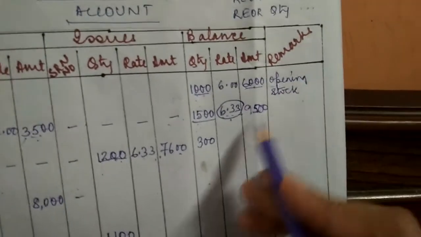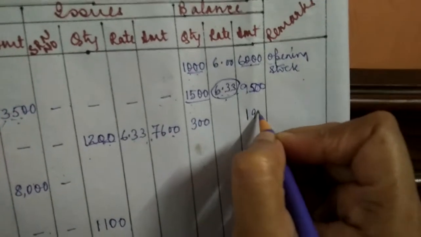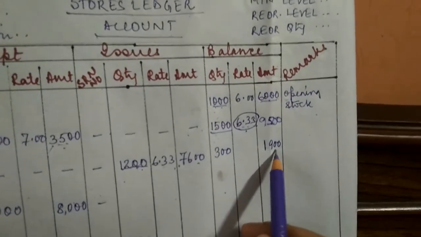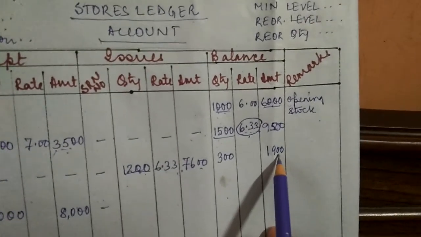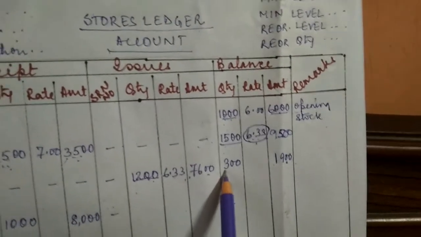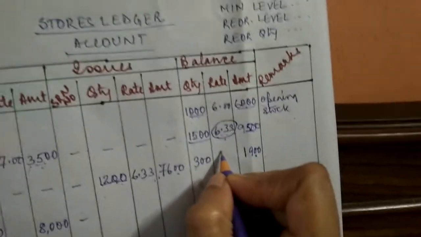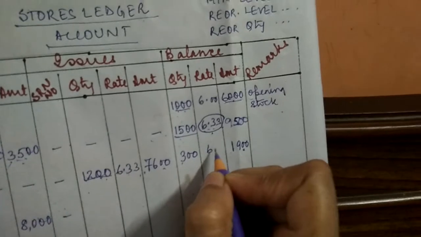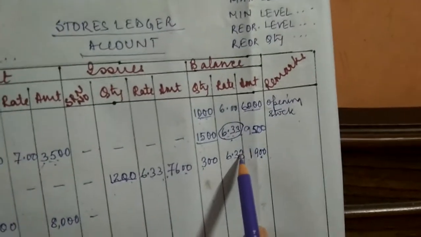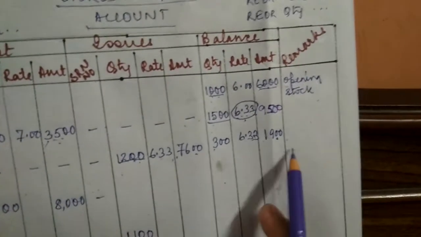When we deduct this, we will get 1900. Now how to get the rate? Again, for this, you have to divide 1900 by 300. When you divide it, you will get again 6.33. Same rate. Clear? Now on 15th, this much is clear.